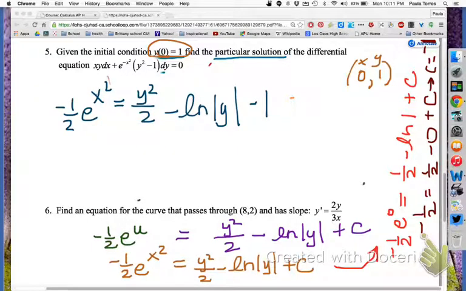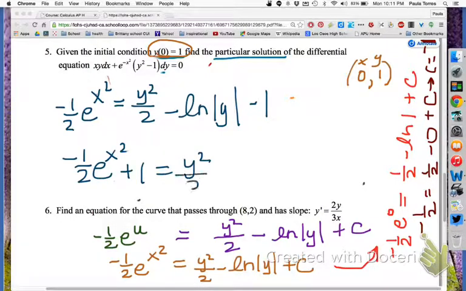It's going to be really tough. Not going to be able to get those y's by themselves. Typically I'll have c on the x side, so if I move that over, -1/2 e to the x squared plus 1 equals y squared over 2 minus natural log of absolute value y.